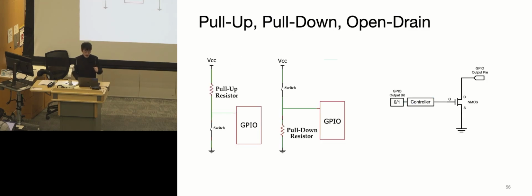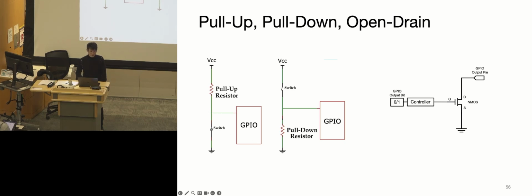Okay. And a little bit on the pull-up, pull-down, and open drain mode, or circuits in this case, that's within the GPIOs. The pull-up, if you look at the graph here, ensures a default high because it's measuring at this point.